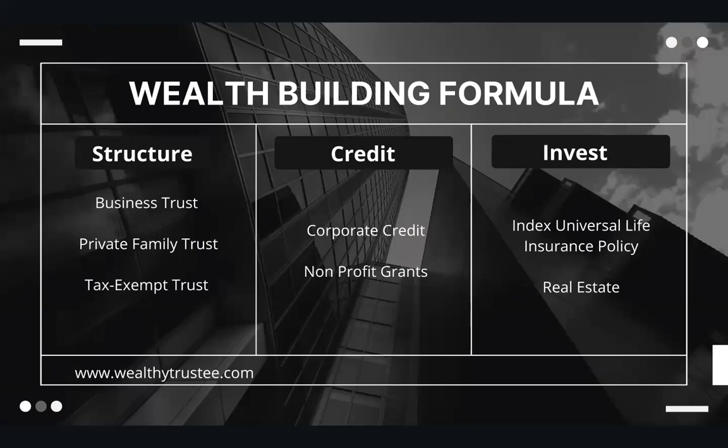With your private family trust, that is the entity that you are going to use as your asset holding trust. That means all of your assets, your primary residence, your cars, your insurance, cash, all of those assets are going to be held by your private family trust, right? And that trust is private.